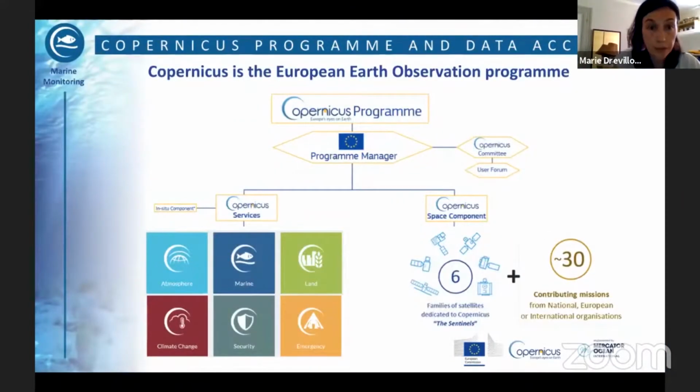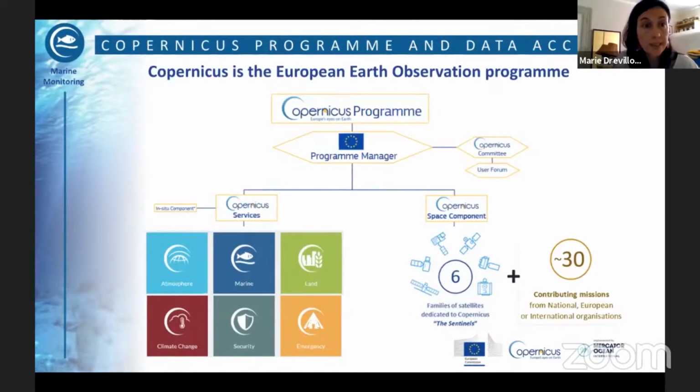The Copernicus program, as you may know, is the European Commission Earth Observation Program. It has a satellite component, the space component, based on the family of satellites called Sentinel, and 30 other contributing missions from the international Earth observation community.